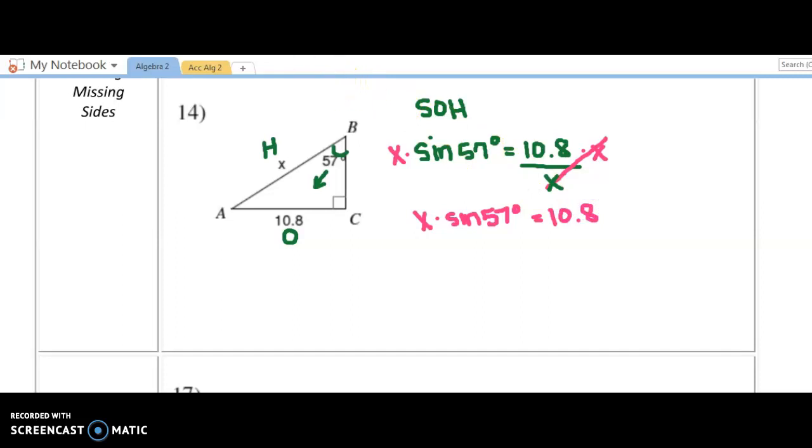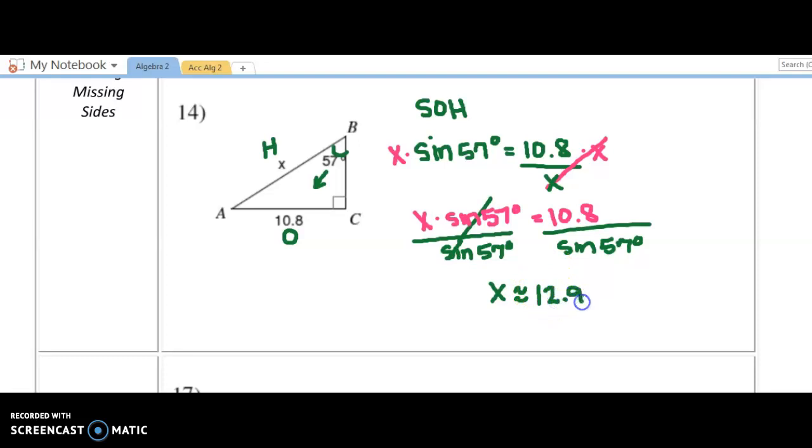And to get x by itself, my last step would be to divide both sides by sine of 57. And those would cancel. So x is approximately, I would type in my calculator, 10.8 divided by sine of 57 degrees. And I'm going to get approximately 12.9.